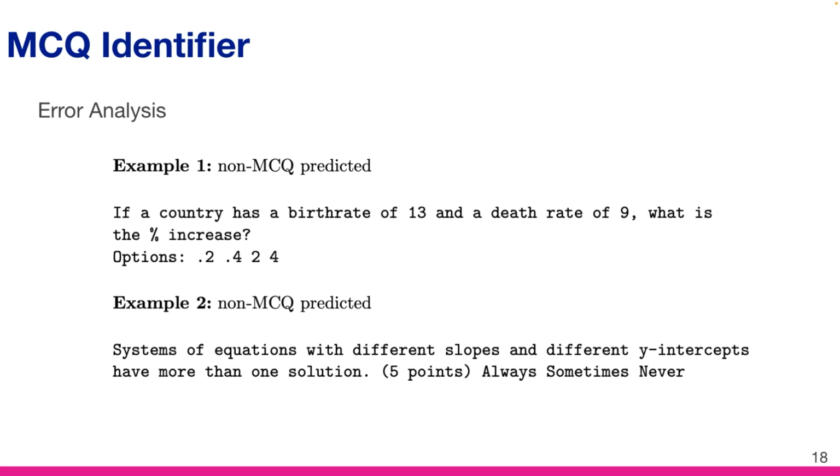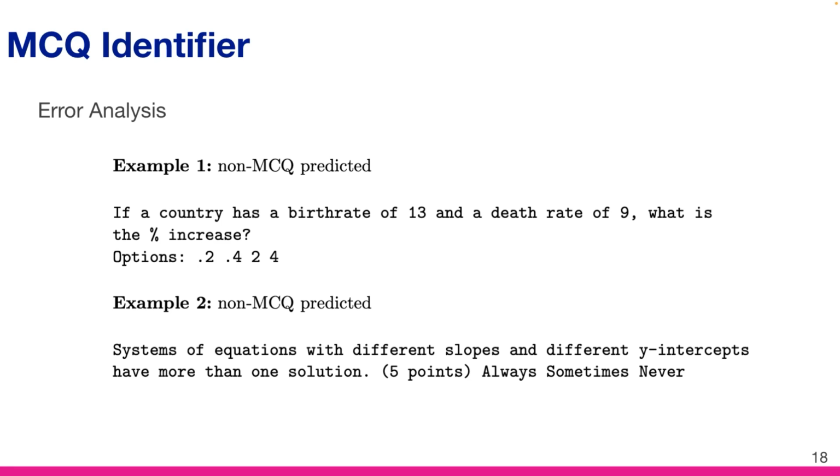In example 1, options are 0.20, 0.4, 2, and 4. Those answer options are not clearly shown as answer options. So that's why our algorithm couldn't detect this question as MCQ.